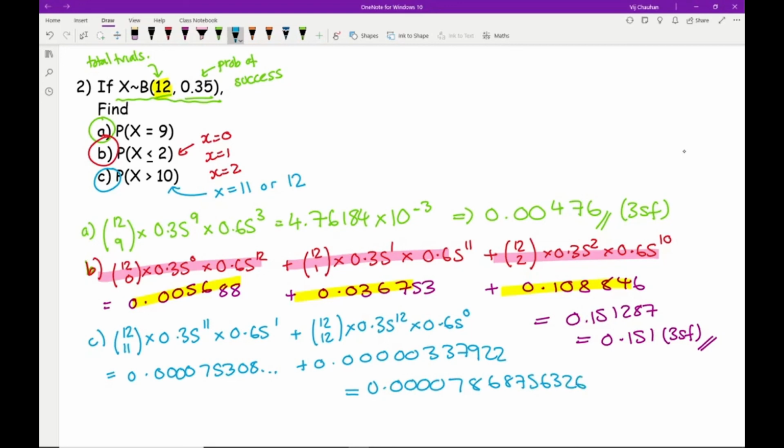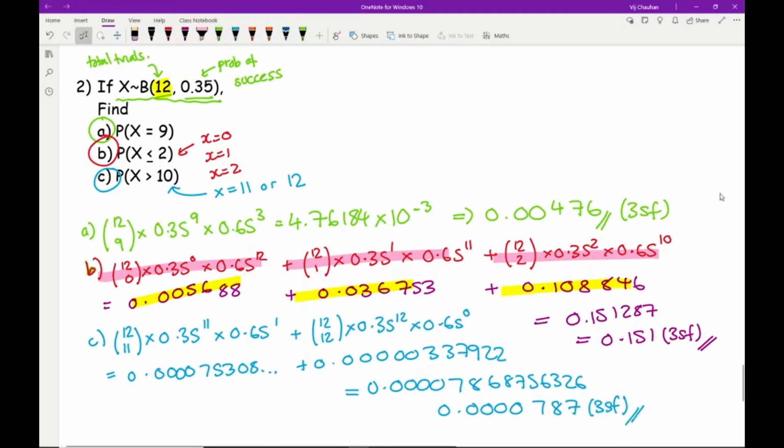Now the answer might be given on your calculator in standard form, so rounding this, we get 0.0000787 to 3 significant figures. And there is our final answer.